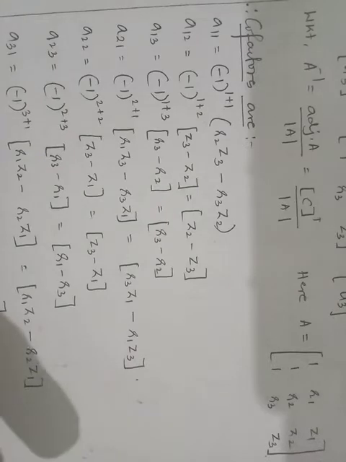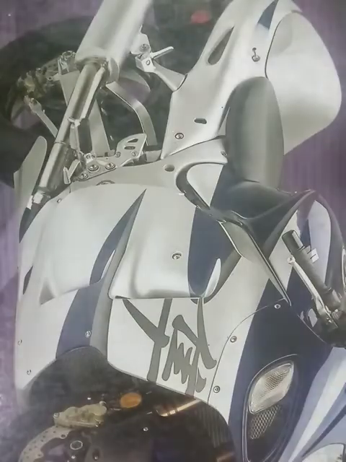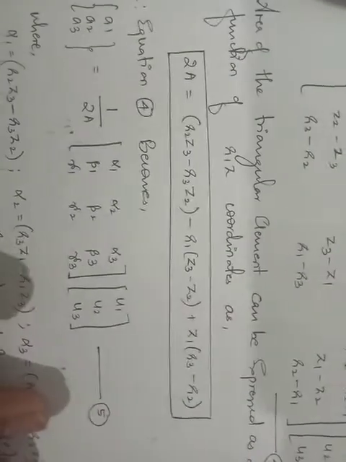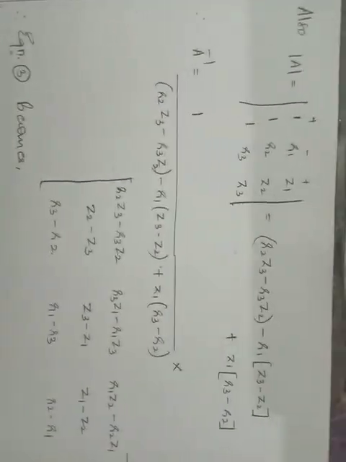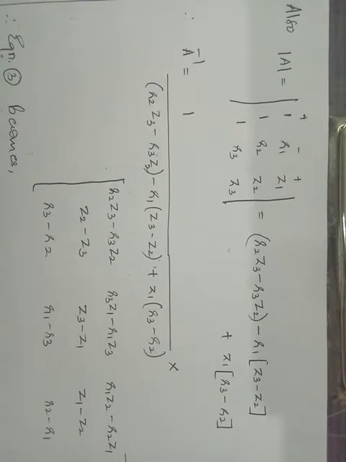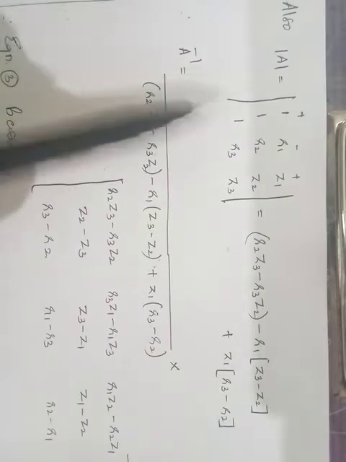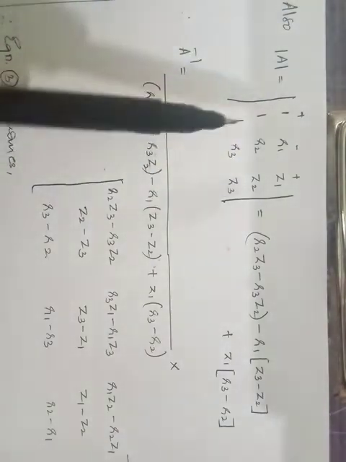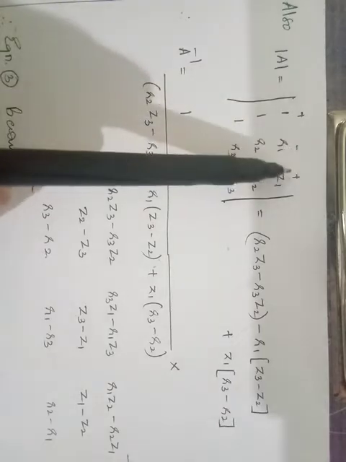Once you do that, the next step is to calculate the determinant. Why? Because if you want to find the inverse, you also need to know the determinant. Without knowing the determinant, you cannot find the inverse. So this is the A matrix and you need to find its determinant. I have taken it as plus minus plus.